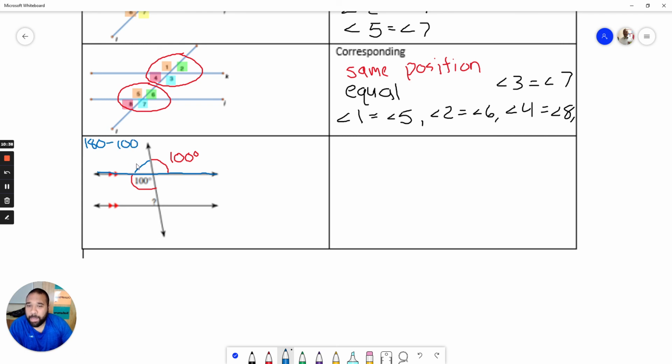And I would get that my blue angle is 80 degrees. It also has a vertical angle. I'm going to label this one my purple angle. So my purple angle is vertical to my blue angle. So it is also 80 degrees.